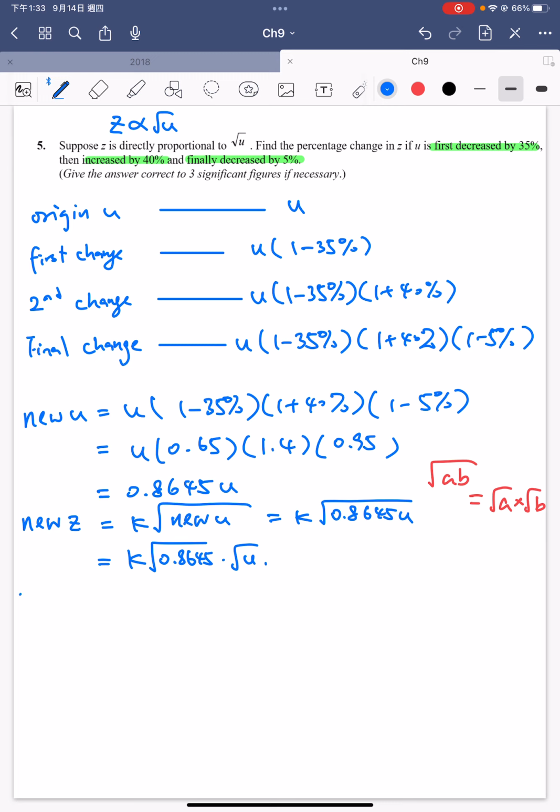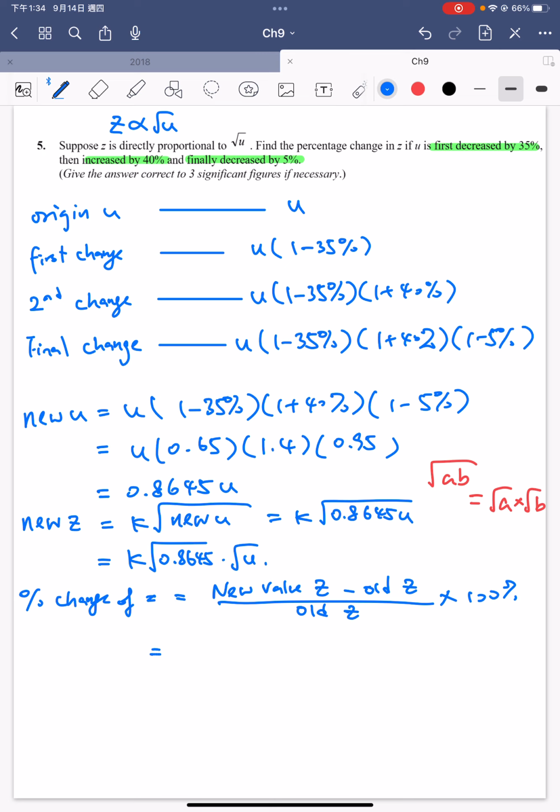Now we need to find the percentage change of z by using the formula: the new value of z minus the old z, divided by the old z, times 100%.